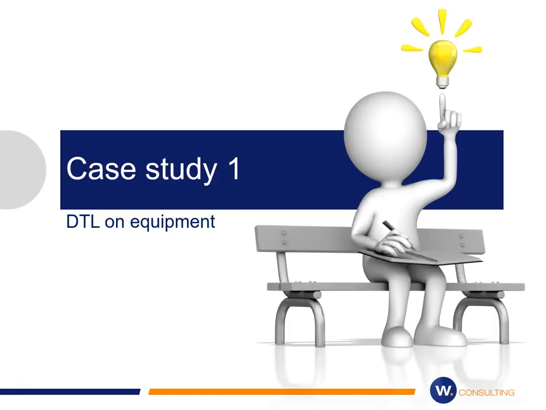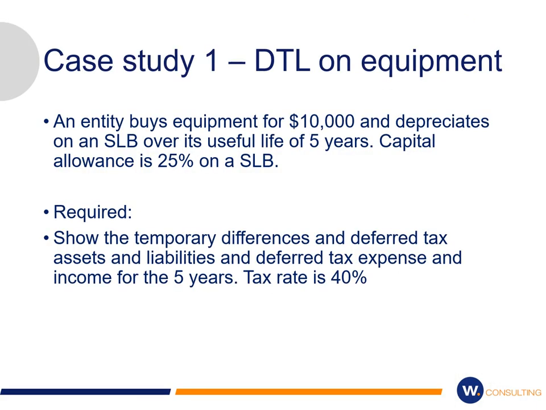And we have our first case study here. It's the deferred tax liability on equipment. An entity buys equipment for $10,000 and depreciates on a straight line basis over its useful life of 5 years. Capital allowance is 25% on a straight line basis.